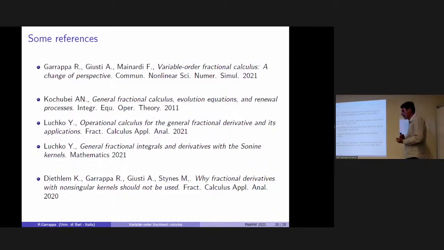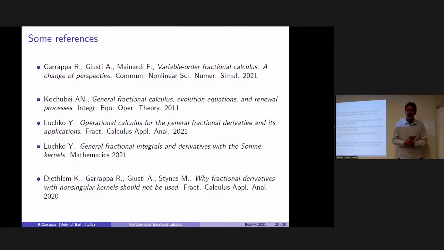In particular, if we consider the integral of variable order alpha t and the integral of variable order beta t, they commute. Actually, the integral of order alpha t applied to the integral of order beta t is equal to the integral of order beta t applied to the integral of order alpha t, and it is equal to the integral of order alpha t plus beta t.